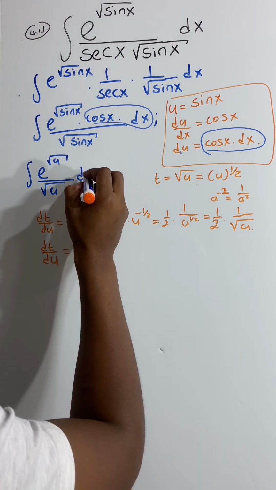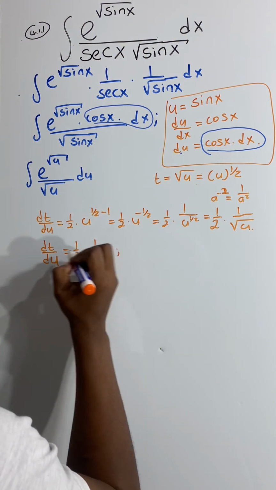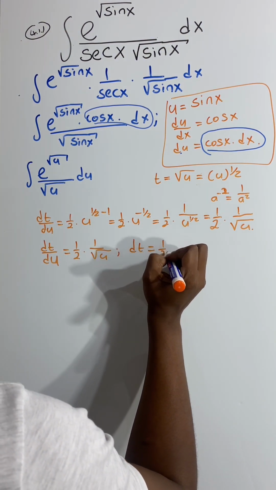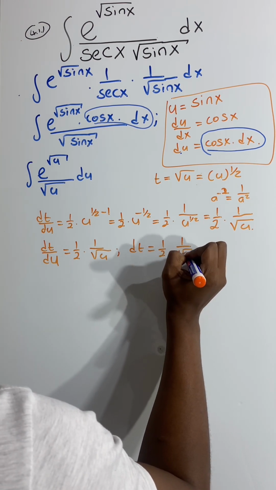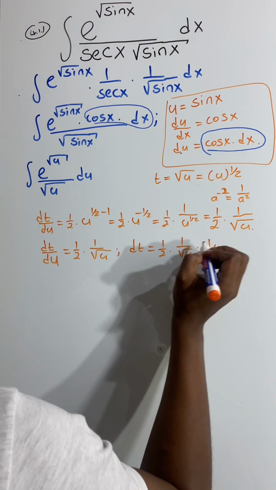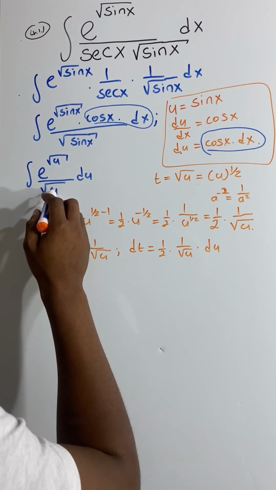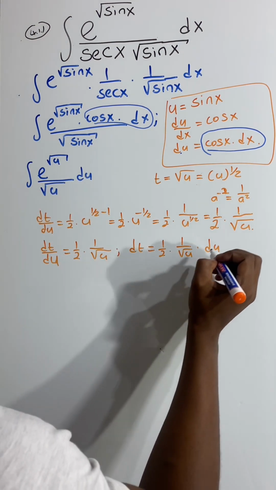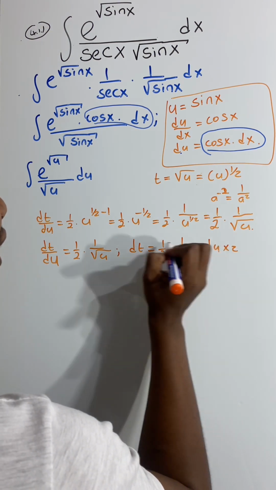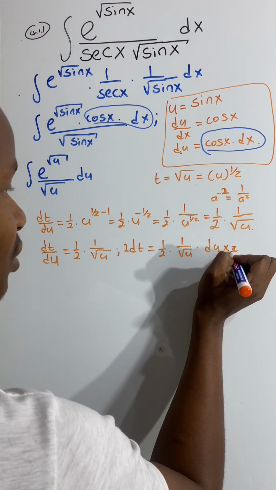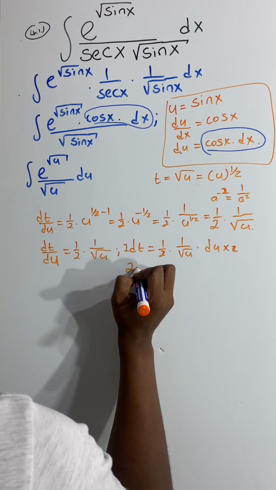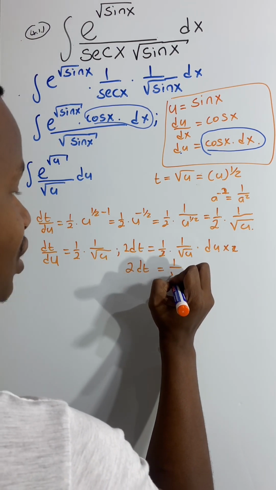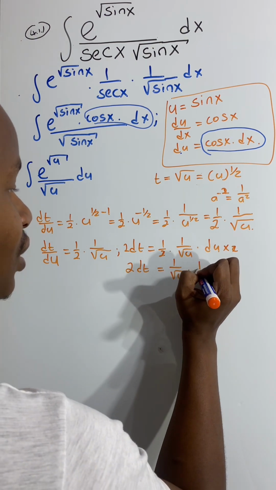So let's multiply both sides by du. We get 1 over the square root of u multiplied by du. We have du over the square root of u without the 1 over 2, so let's multiply both sides by 2. That 2 will cancel out that 2. So we have 2 dt is equal to 1 over the square root of u du.